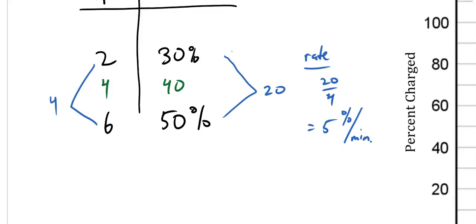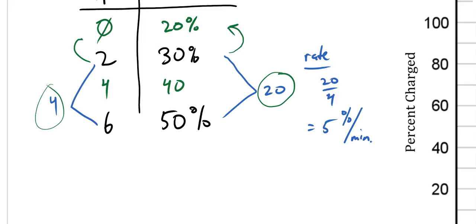So now I know that if I go back to 0, I want to go back 10% to 20. It's a little bit tricky because this went up 20, but I'm not going down 20, because this went up 4, and I'm only going down 2.